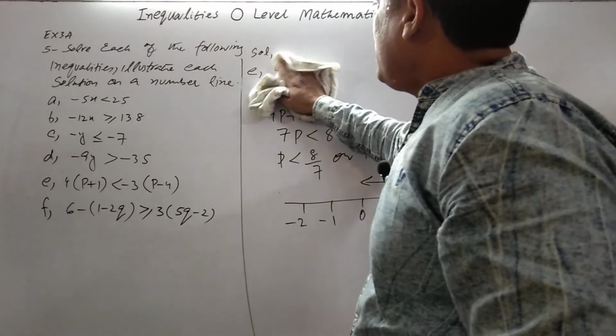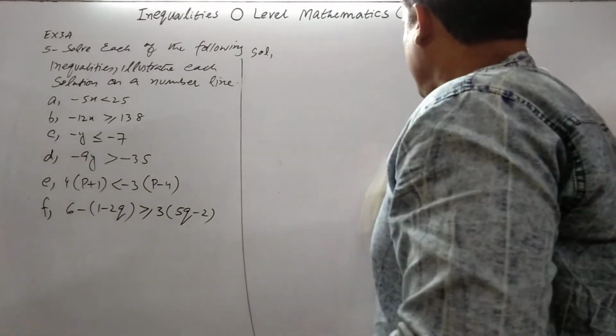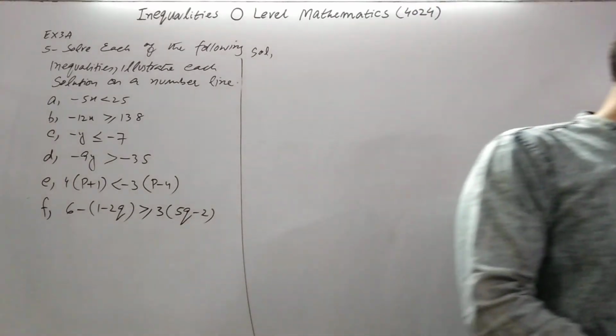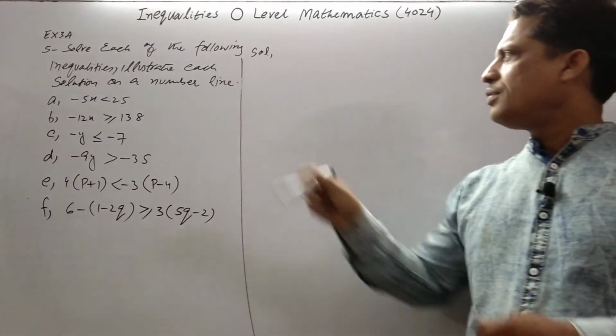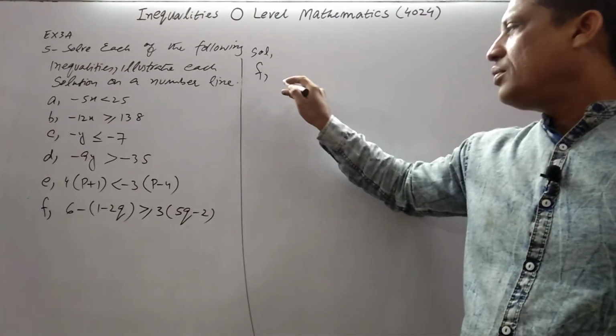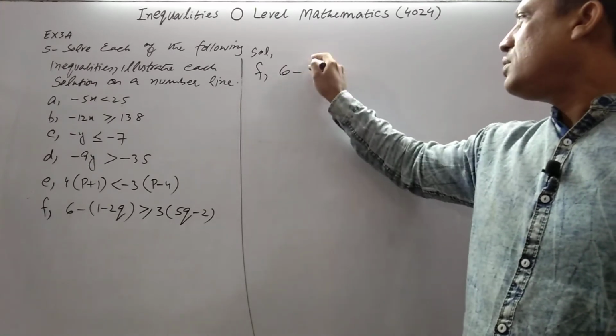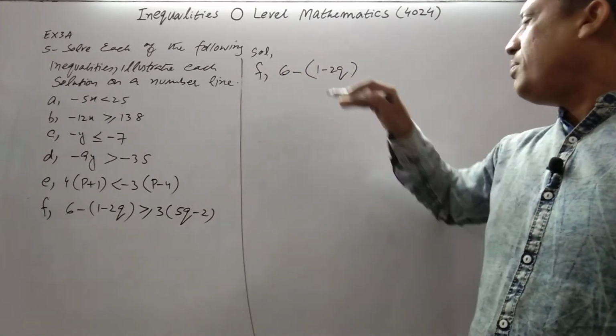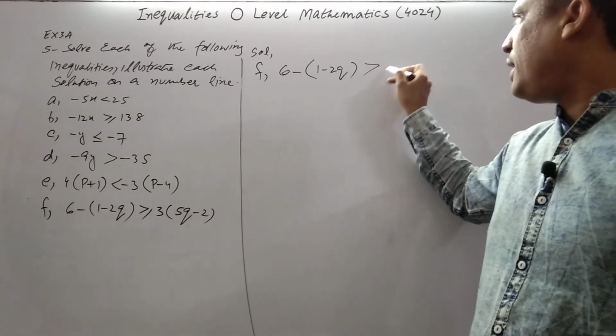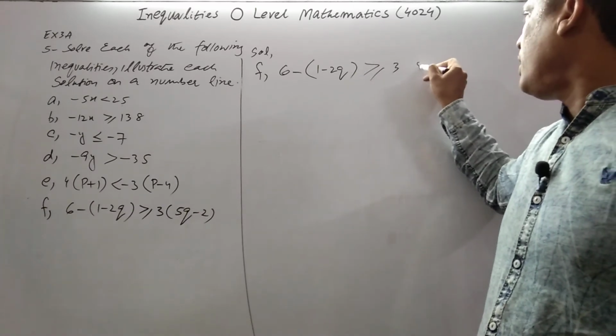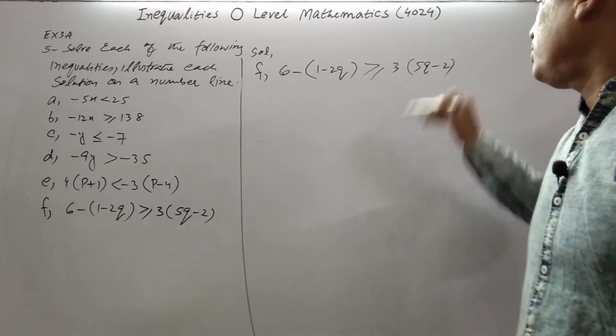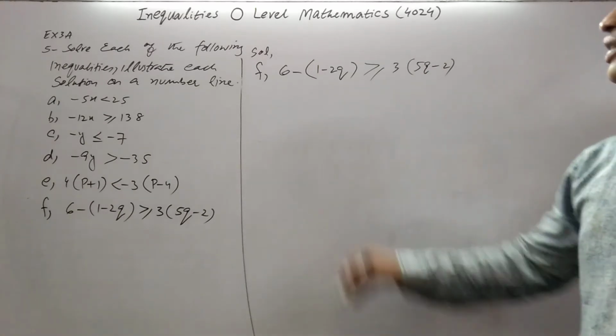Now come to part F. Part F is 6 minus (1 minus 2q) greater than or equal to 3(5q minus 2). Very easy.